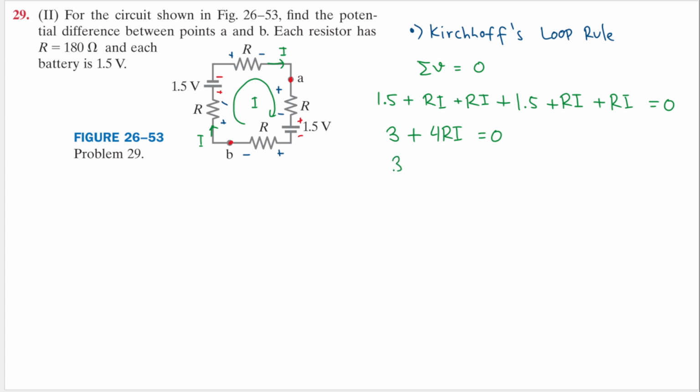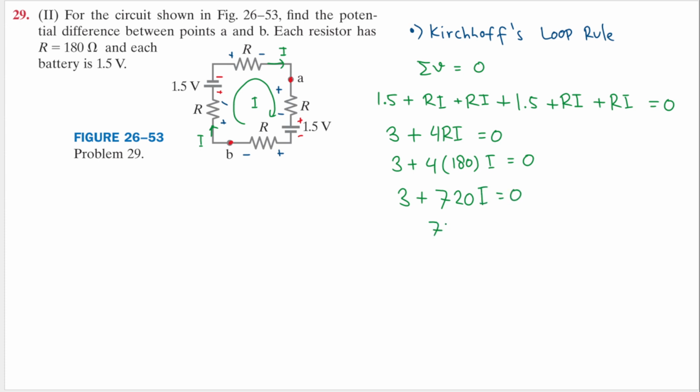So I will have 3 plus 4 multiplied by 180 multiplied by I, that will equal 0. 4 multiplied by 180 will be 720, I think, times I.